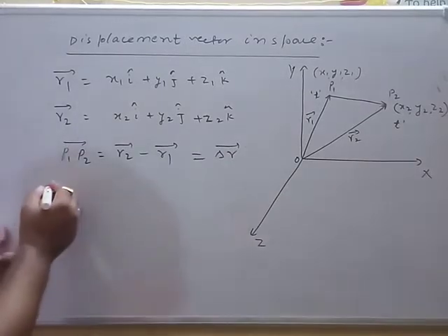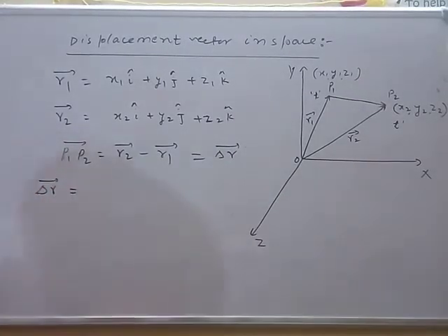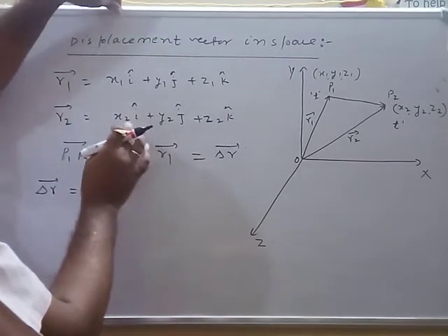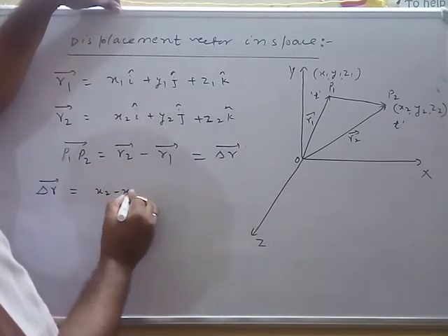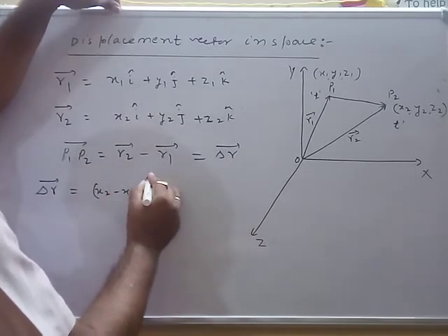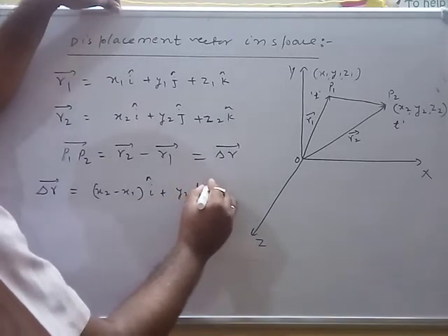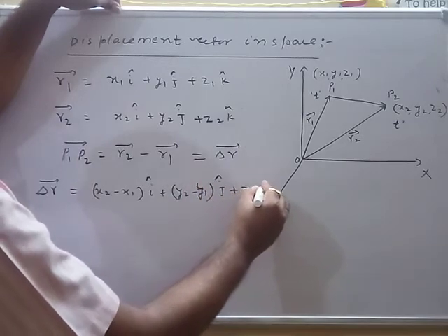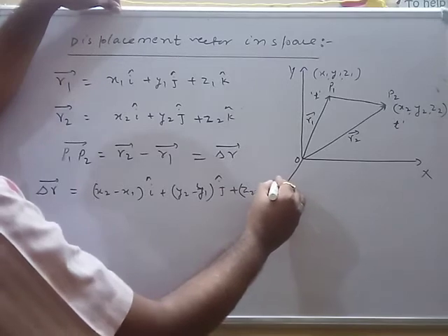Now delta r, displacement vector, may be written as, subtracting r2 minus r1, this becomes x2 minus x1 i cap plus y2 minus y1 j cap plus z2 minus z1 k cap.